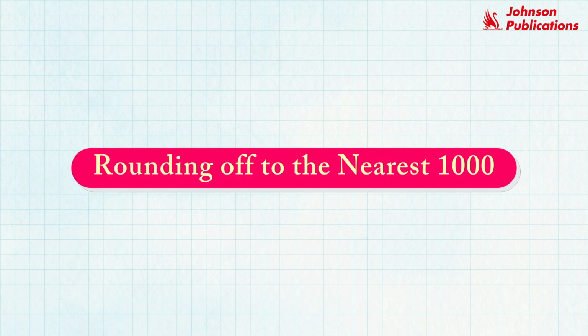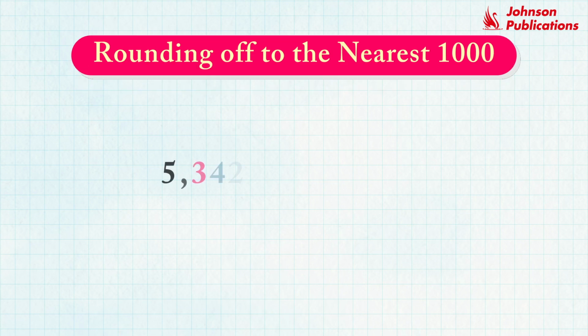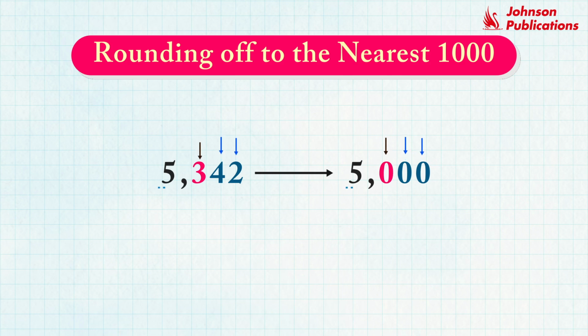Rounding off to the nearest 1000. For example, when we round off this number to the nearest 1000, it gives 5000. If the digit at hundreds place is less than 5, then we replace the hundreds, tens and ones place digits by 0 and the other digits remain the same.